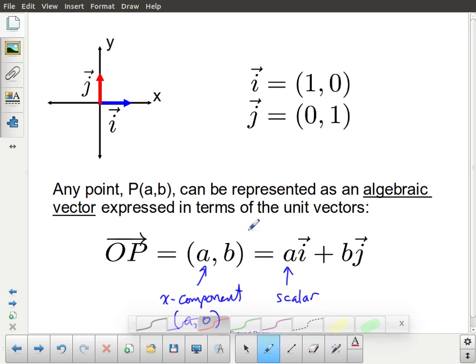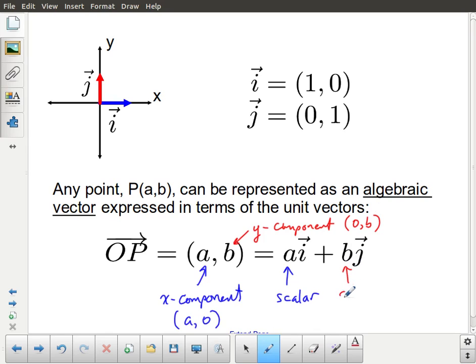Similarly, for b, that's going to be the y component. And we've represented that in the past as (0, b). So meaning there's no x component to this, there's only a y component to this. And of course that b value is also a scalar.